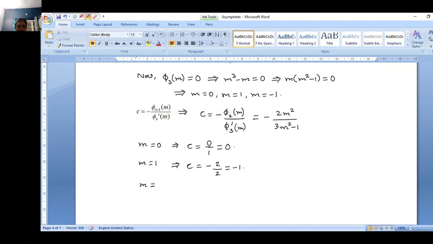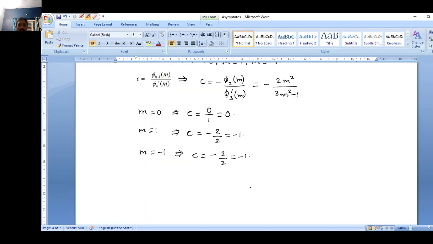And when m is minus 1, this is the third value of m, as we can see here. So when m is minus 1, the corresponding value of C is going to be minus, when you take m is minus 1, m square is going to be 1 here, and m square is again going to be 1, so that again gives me minus 2 by 2, which gives me the value of C as minus 1 itself.